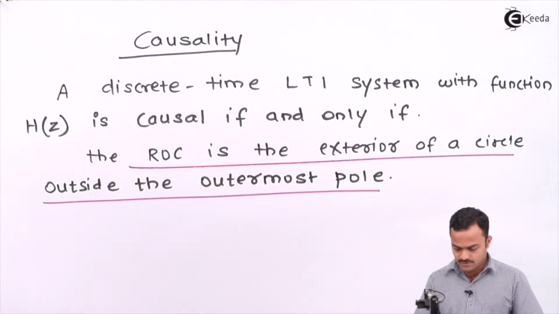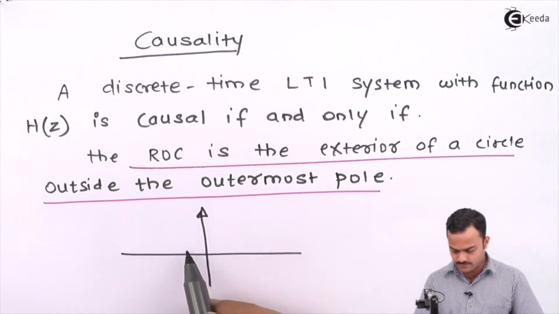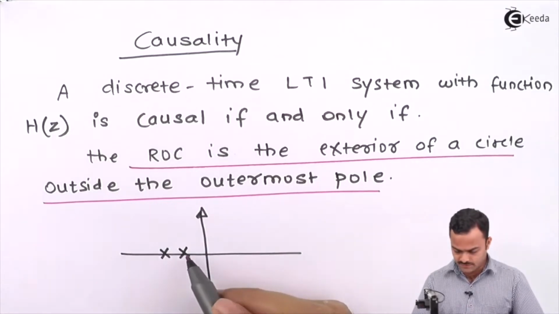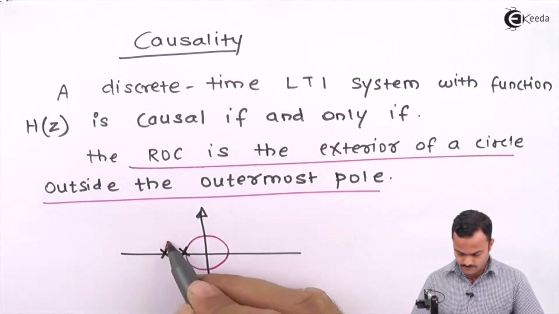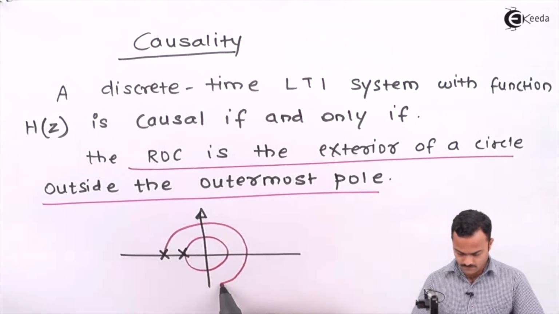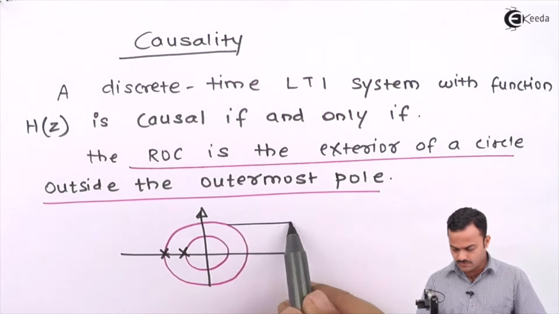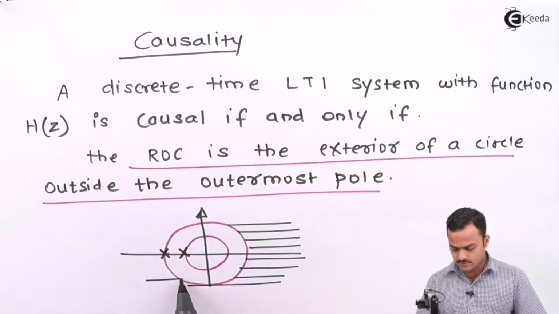Meaning, suppose we are having systems with poles, and corresponding circles will be like this. As per the definition of causality, we should have ROC exterior to the outermost circle.